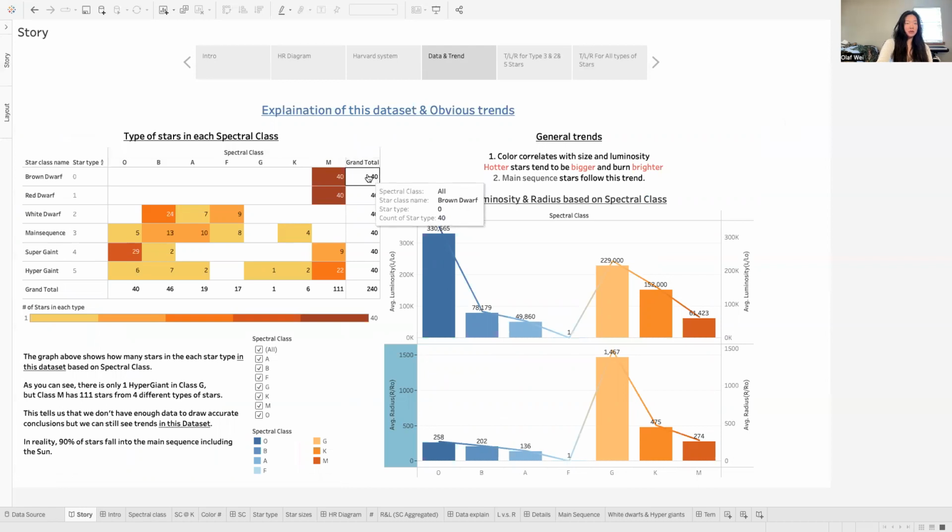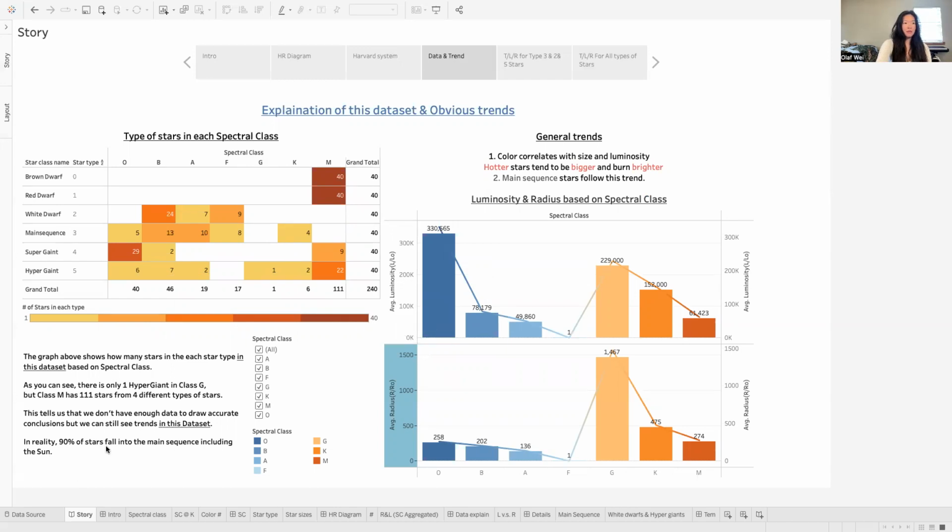In this data set, they chose 40 data points for each star type, but that is based on the star type, not the spectral class, because you can see there's only one star that belongs to class G, but there are 111 stars in class M. So we can't really draw accurate conclusions from this data set because we don't have enough data, but we can still see some general trends we can probably observe.